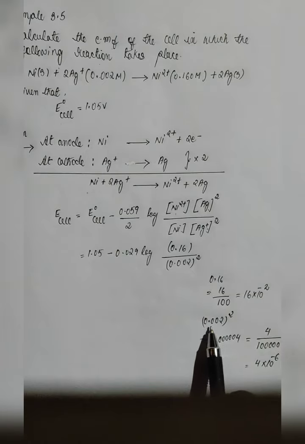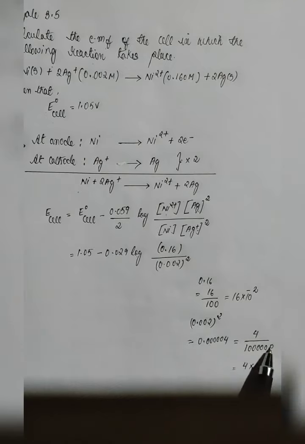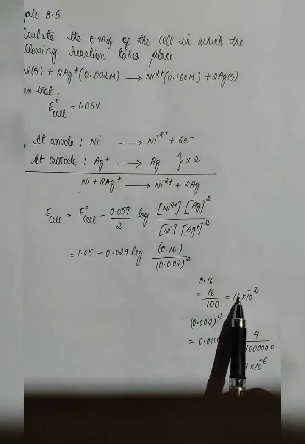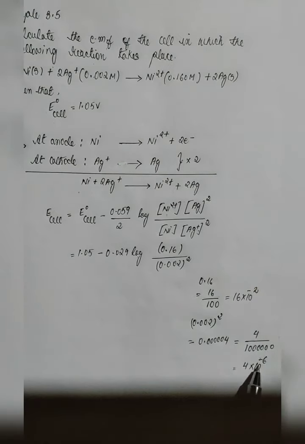Similarly, 0.002 whole square. Upon squaring it, we will get 0.000004. If we want to remove the decimal, we divide by, the point will convert to 1 and the remaining numbers will all become 0. How many zeros are there? 6 zeros. Since it is in the denominator, when it goes to the numerator, it will be 10 to the power minus 6. So upon simplification, what we get is 16 into 10 to the power minus 2 and 4 into 10 to the power minus 6.